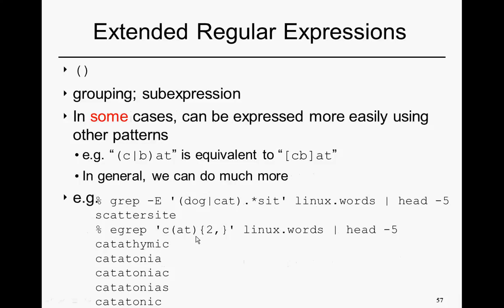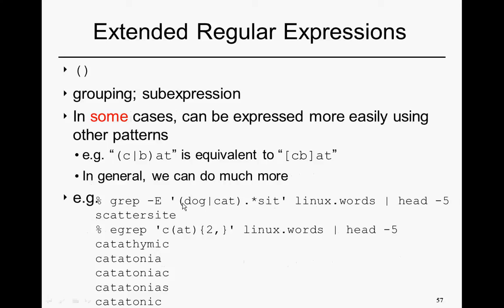Similarly, as a means of abstraction in building up elements, we can group things together, so this could be treated as a unit. For example, you could have dog or cat, and that could have a star after it, in which case you have dog, cat, dog, etc. That would be perfectly doable.